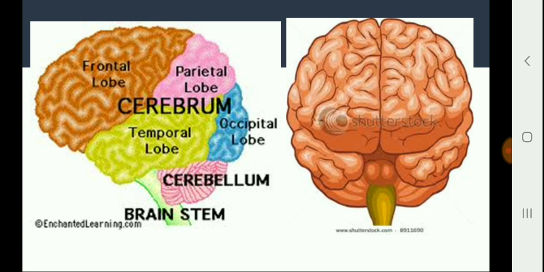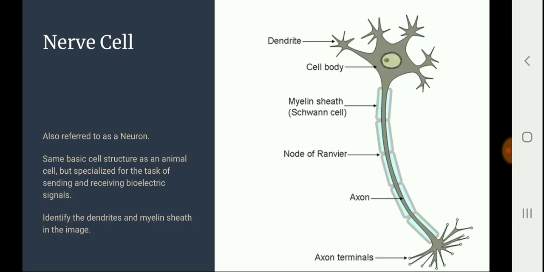So both sides have all four of these lobes. So your right hemisphere has a frontal lobe, temporal lobe, parietal lobe, and occipital lobe. And so does your left hemisphere. Your brain can function, if it had to, with just one hemisphere, although I would not recommend it.